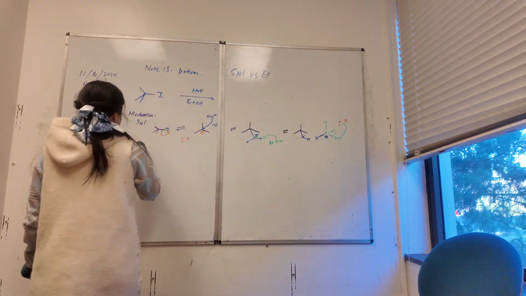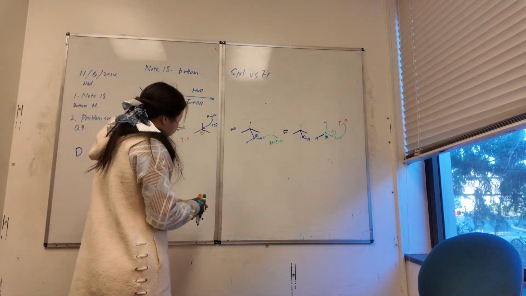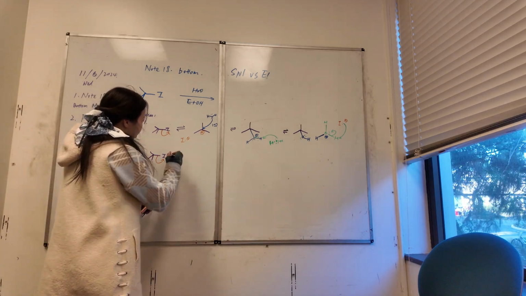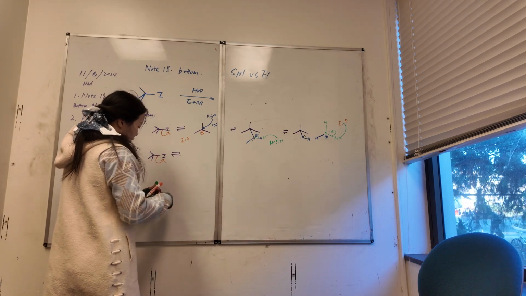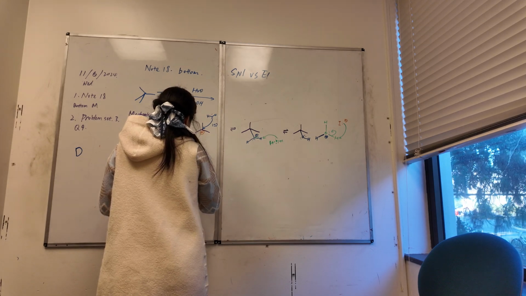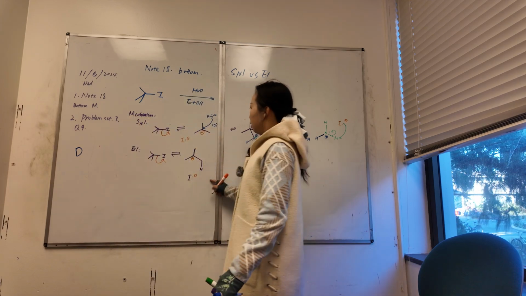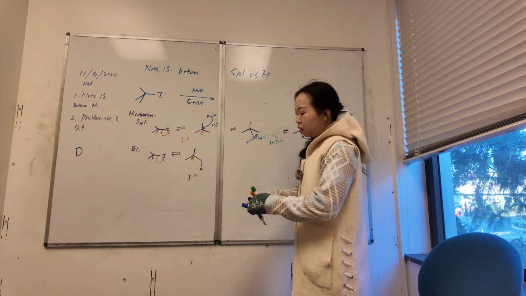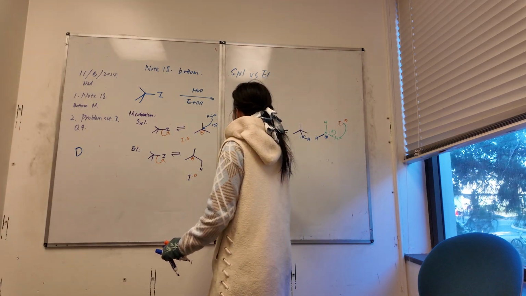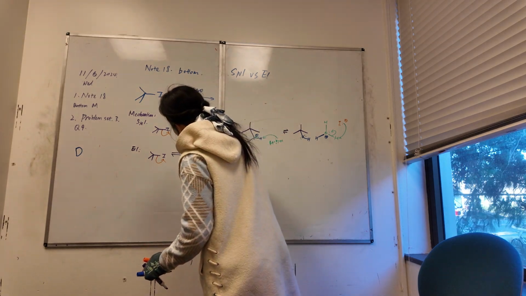Okay, E1. The same step as before, you form a carbocation. But now your water is going to grab hydrogen and form a double bond.